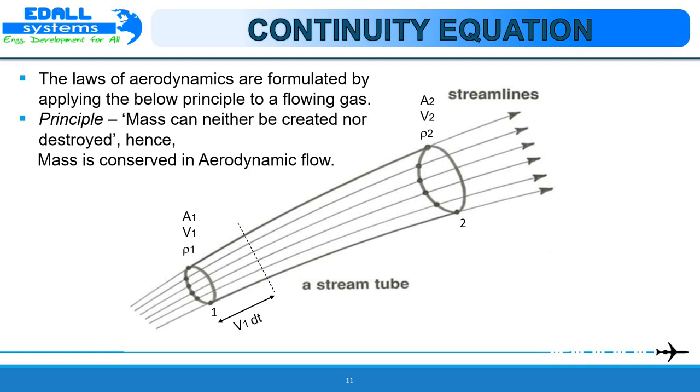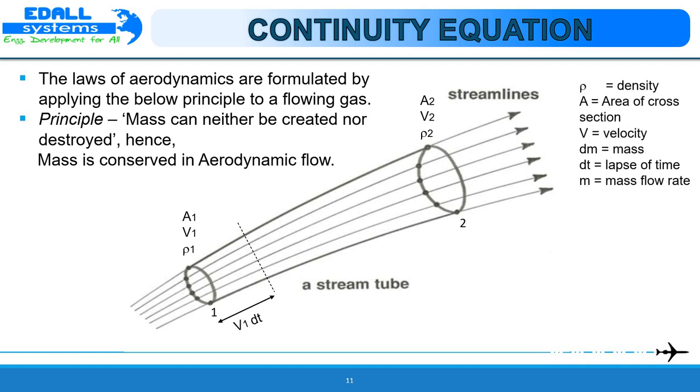Let A1 be the cross-sectional area of the stream tube at point 1. Let V1 be the flow velocity at point 1. Now, at a given instant in time, consider all the fluid elements that are momentarily in the plane of A1. After a lapse of time dt, these same fluid elements move a distance of V1 dt.